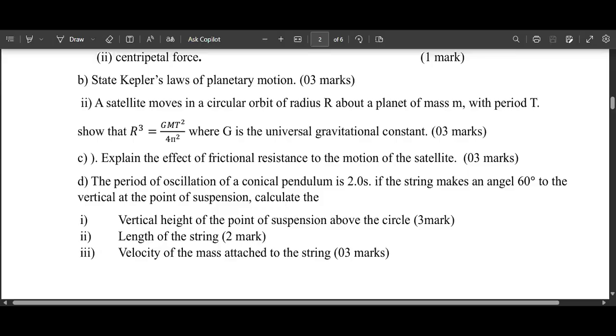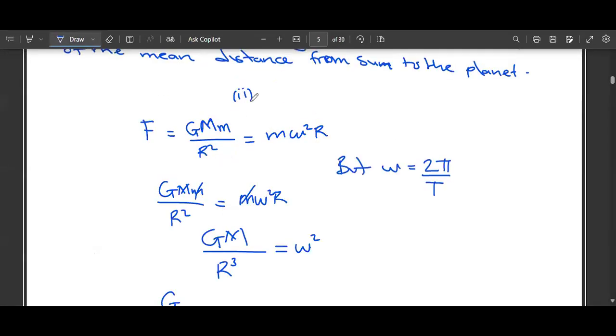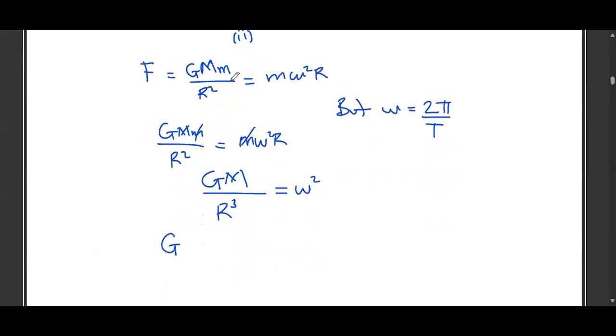But our omega is the same as 2 pi divided by T. Then we substitute here. Newton's gravitational law gives the force that is responsible for providing the necessary centripetal force to keep this body in motion.